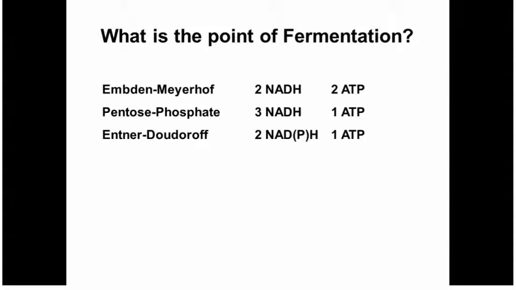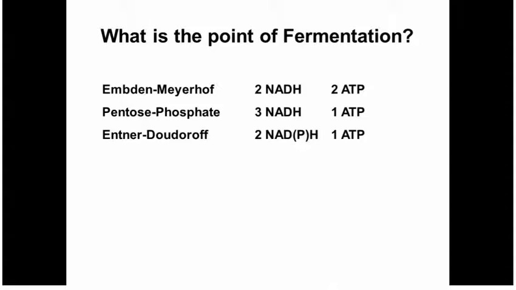Okay, so what's the overall yield in terms of energy for the different glycolytic pathways? Okay, 2 or 3 NADH and 1 or 2 ATP. So from one point of view, you might think that's great. We've got 2 of the 3 things we need, right?